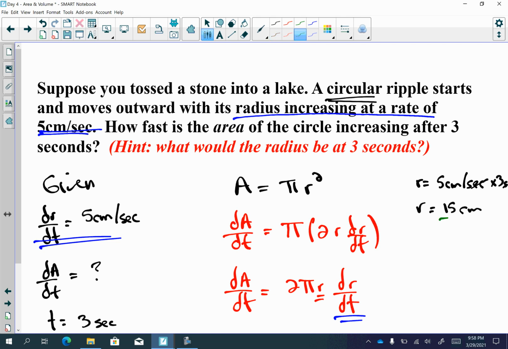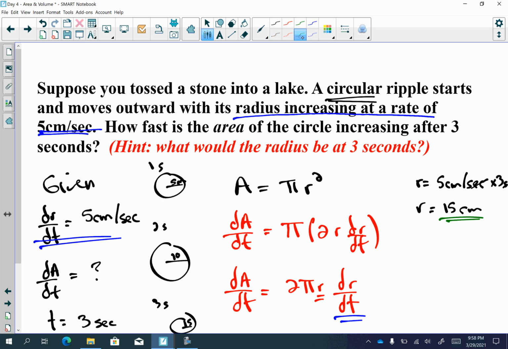All right, now think about that for a second. So your circle would look like this. At 1 second, the radius would be 5 centimeters. After 2 seconds, the radius is going to be 10 centimeters. And after 3 seconds, the radius is going to be 15. It's growing at a rate of 5 centimeters per second.